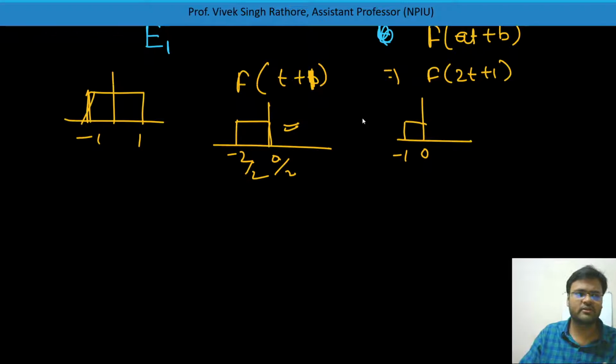Actually this signal has been compressed. Now if you take the area, you'll get less area. Just half the area you'll get, because it has been compressed.